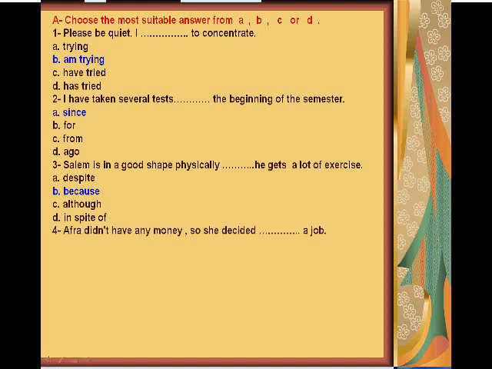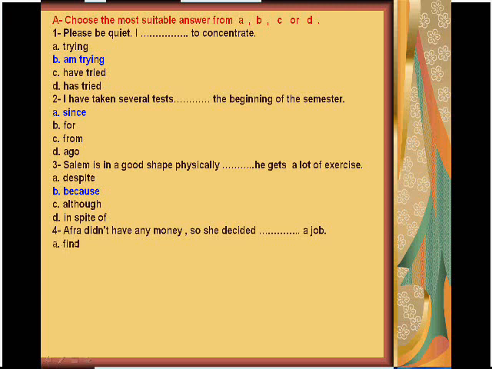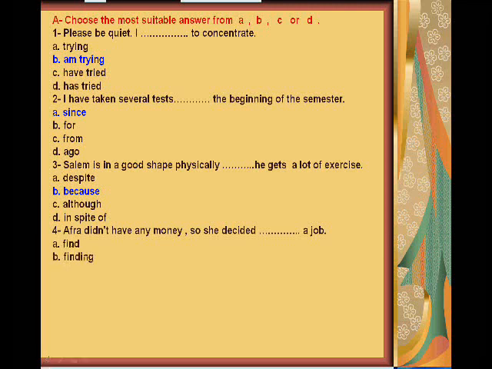Number 4, Afra didn't have any money, so she decided a job. A, find. B, finding. C, to find. And D, found. So again, here in this sentence, you have to look carefully and try to choose the correct answer.